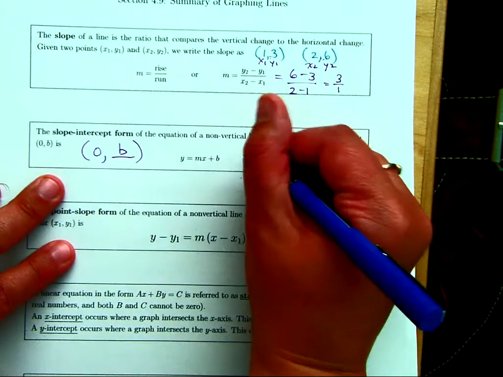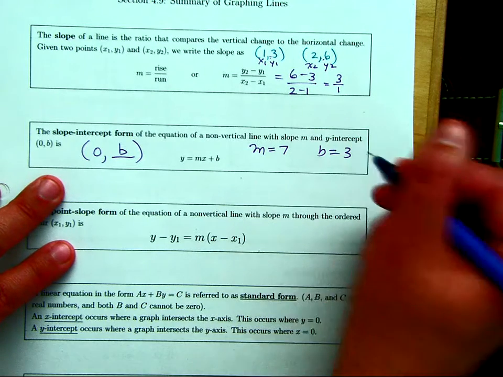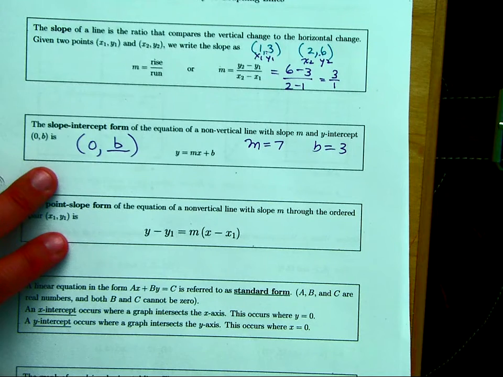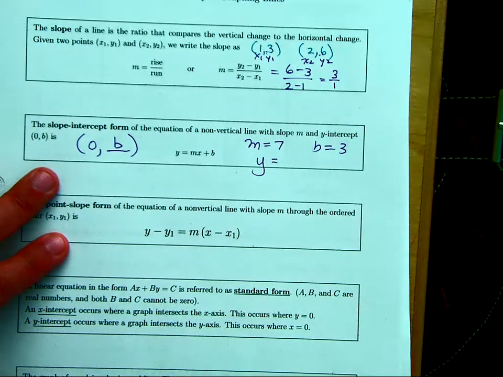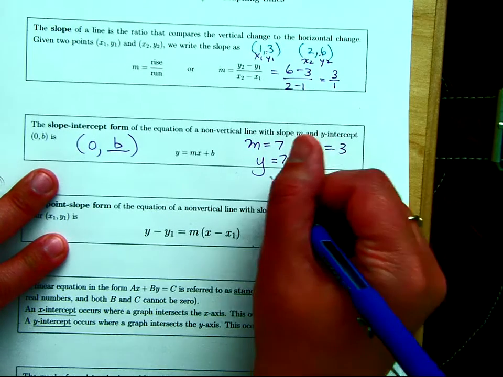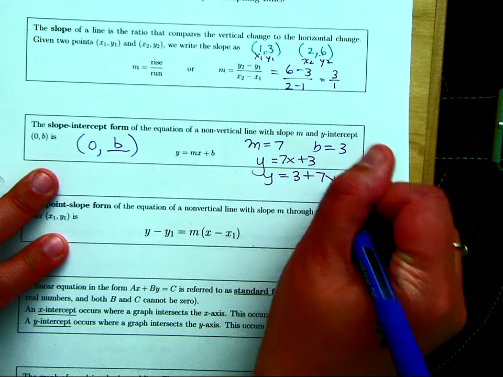If I gave you that the slope is 7 and the y-intercept is 3, could you come up with the equation of that line? What would it be? Yeah, or y equals 3 plus 7x.